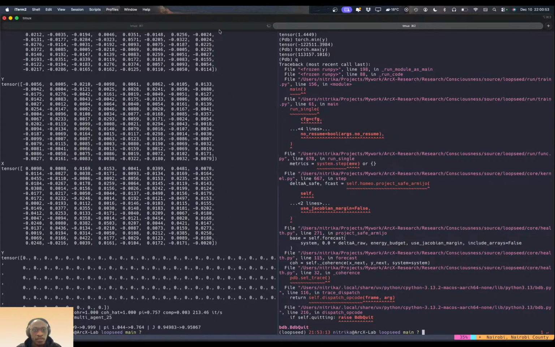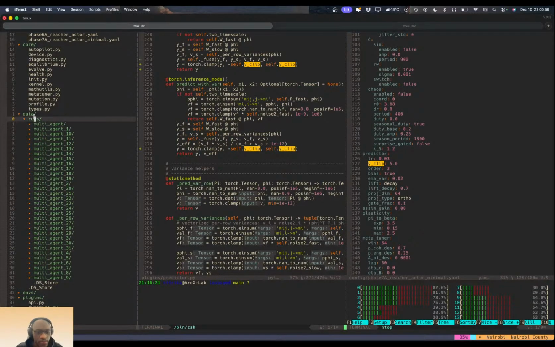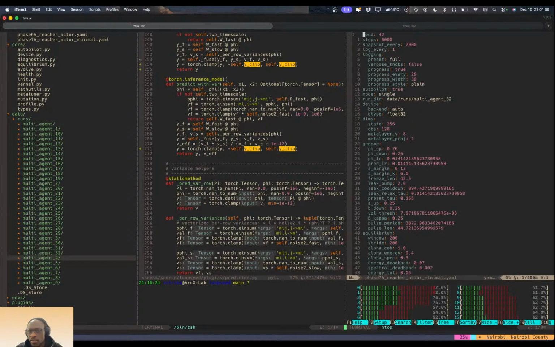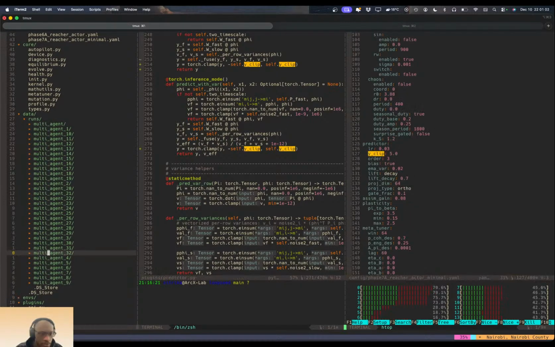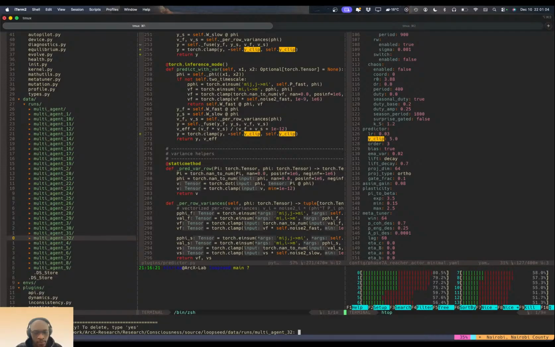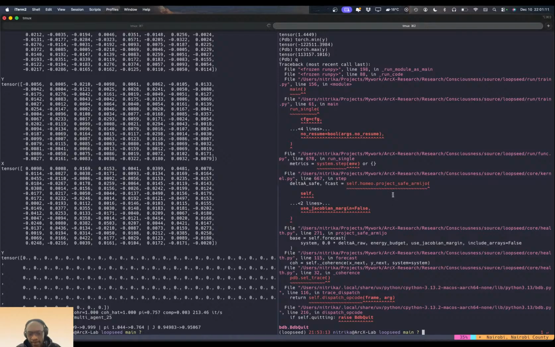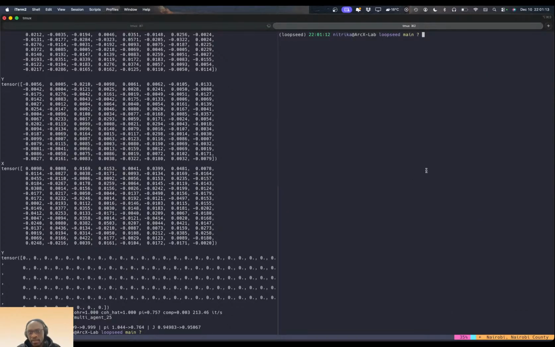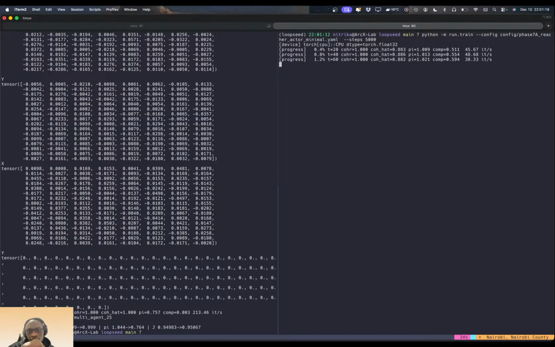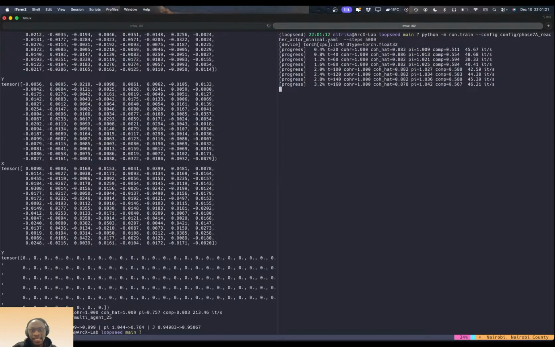First of all, let me clean these up. 32, awesome, 32, remove these, and run again. Let's see. No way, I'm not printing anything.